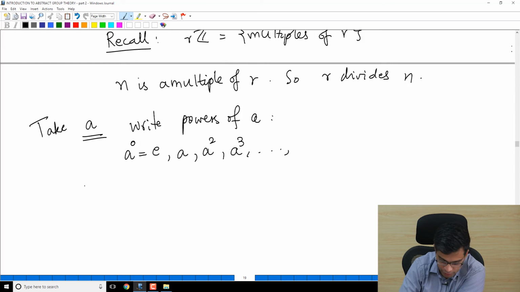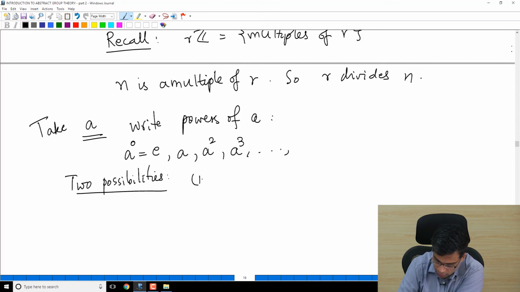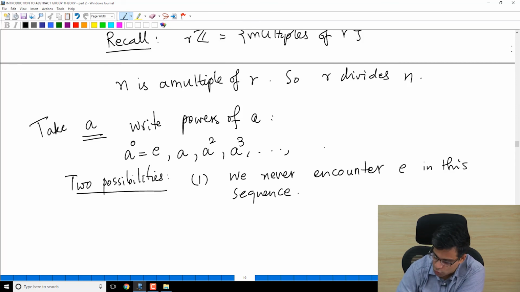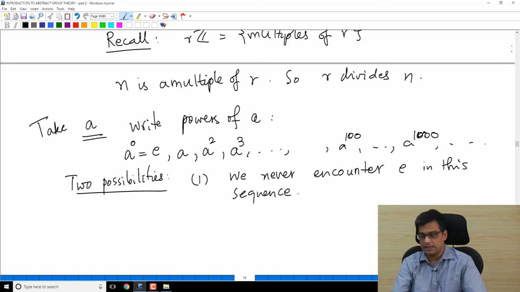Either we never encounter E in this sequence, so it keeps going: A power 100, A power 1000 and so on. They are all distinct and E is never there. Clearly the group must be infinite for this case to occur.